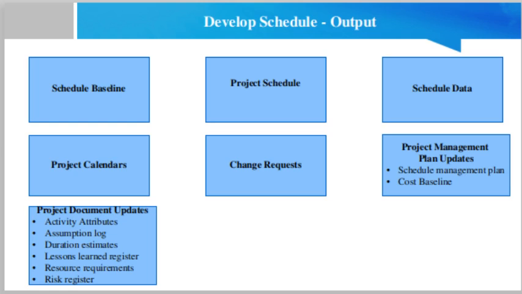The lessons learned register can be updated with techniques that were efficient and effective in developing the schedule model. Resource requirements. Resource leveling can have a significant effect on preliminary estimates for the types and quantities of resources required. If the resource leveling analysis changes the resource requirements, then the resource requirements are updated.